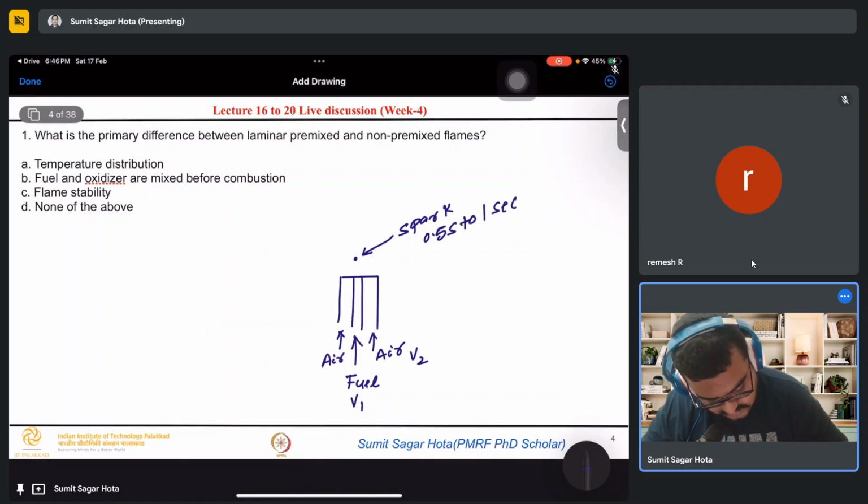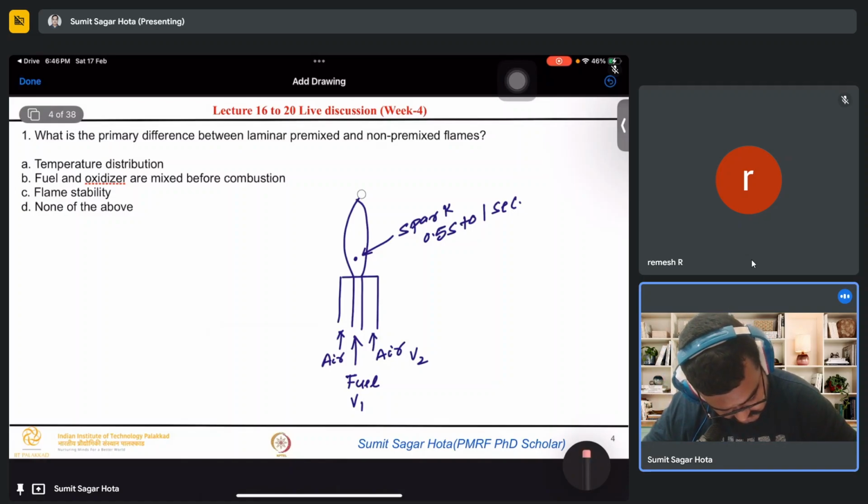Because of that there will be a flame. So this is the case.